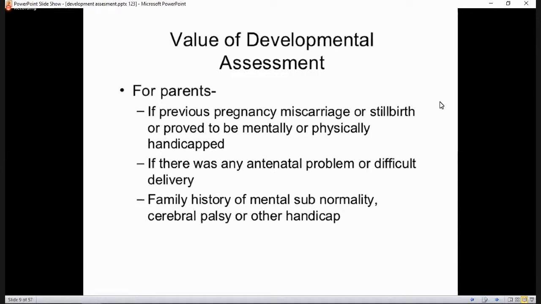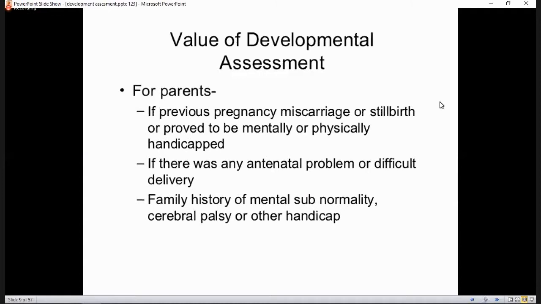In those cases, it is more important to do the development assessment. Also, family history of mental subnormality, cerebral palsy or handicap. If not in the family, then outside the family, in his brothers' and sisters' families, or any family near or far has a handicap, they will be concerned and ask you, is there any problem in my child also?